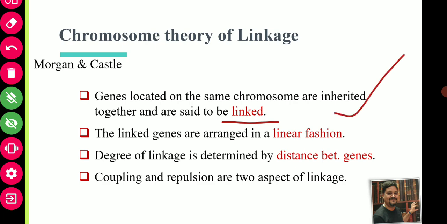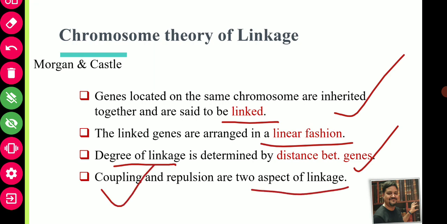Then the linked genes are arranged in a linear fashion. Then the degree of linkage is determined by the distance between the genes. Coupling and repulsion are two aspects of linkage. We have already seen what coupling and repulsion tell.